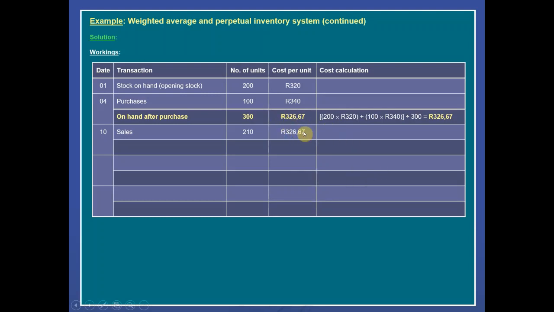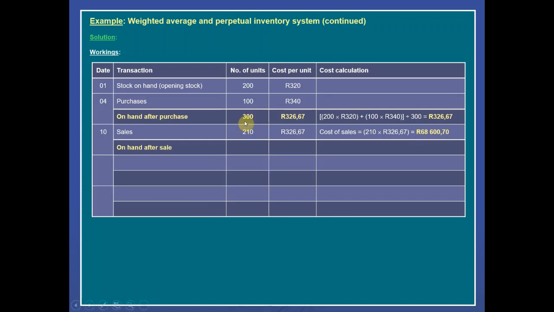So the cost price of those will be the 326.67 as it is at that stage the weighted average cost. So our cost of sales is therefore simply the 210 units times the weighted average of 326.67, which results in 68,670.